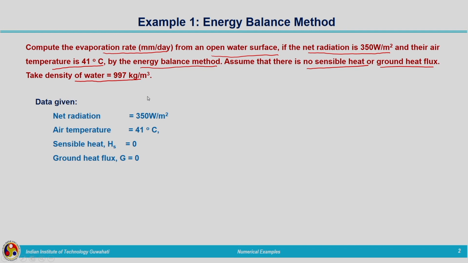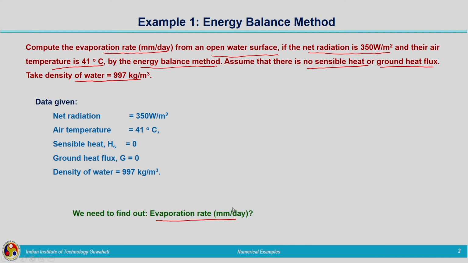The final expression which we have derived for the energy balance method is also after neglecting these two heat fluxes. Ground heat flux is also equal to 0. Density of water is 997 kilogram per meter cube. What we have to determine is the evaporation rate in millimeters per day.